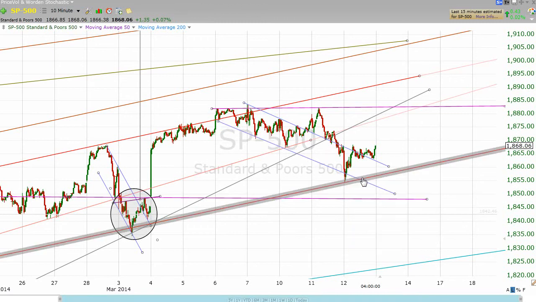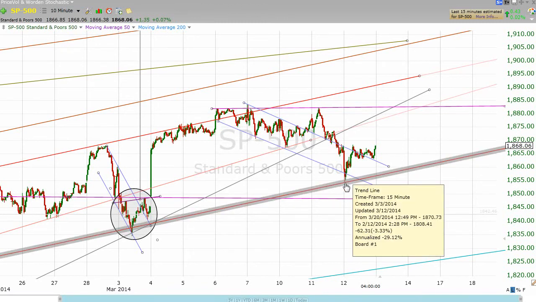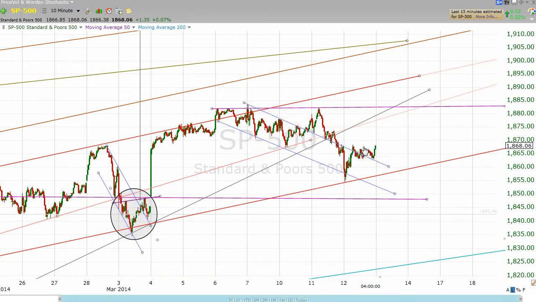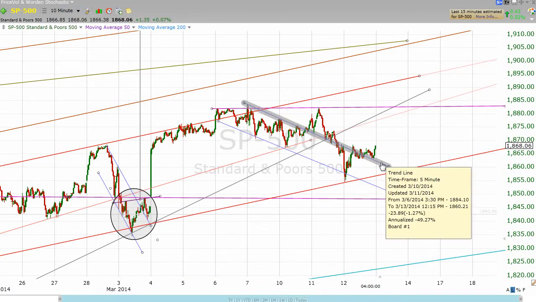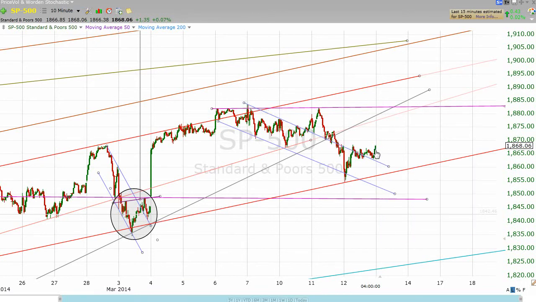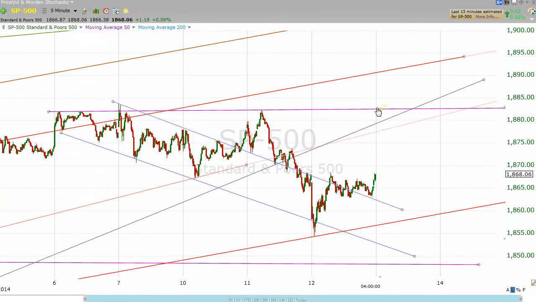We opened today with some downward momentum, but then ended up coming back, noodled around this line again, and then made, on this 5-minute chart, if we look at the trading that took place from about, I'm going to guess, 11 o'clock on.